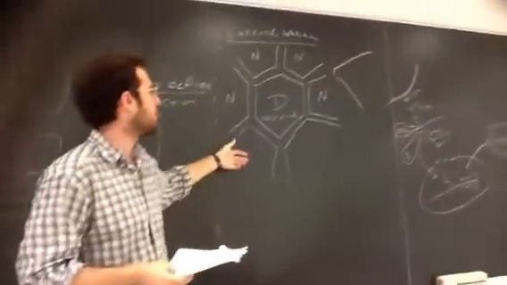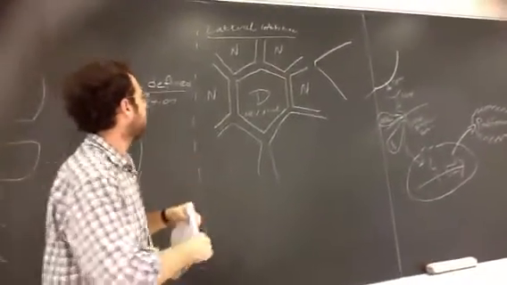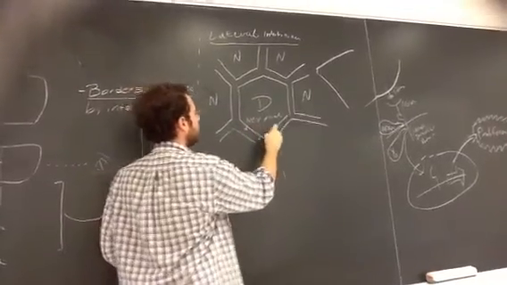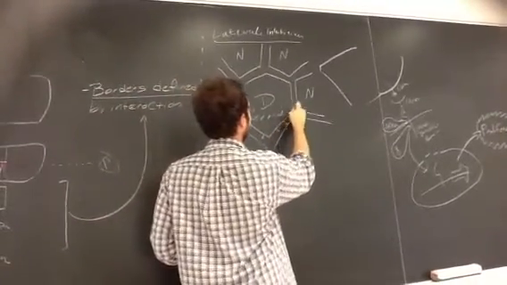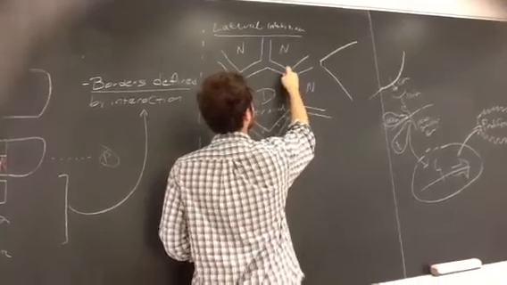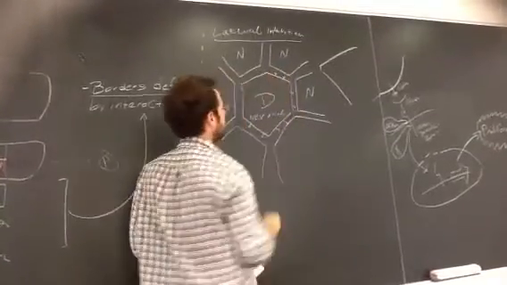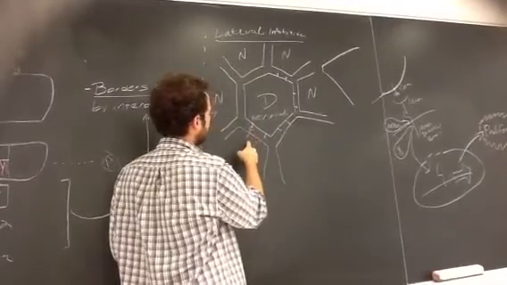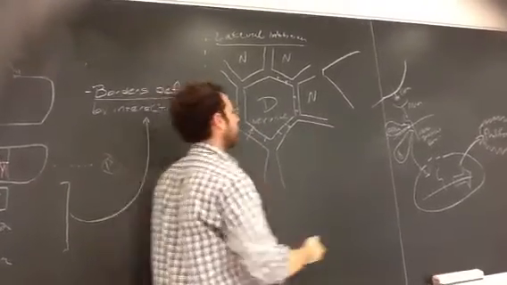this Notch-Delta pathway. The cells that become neuronal express Delta, and what Delta does is it interacts with Notch in this pathway here.